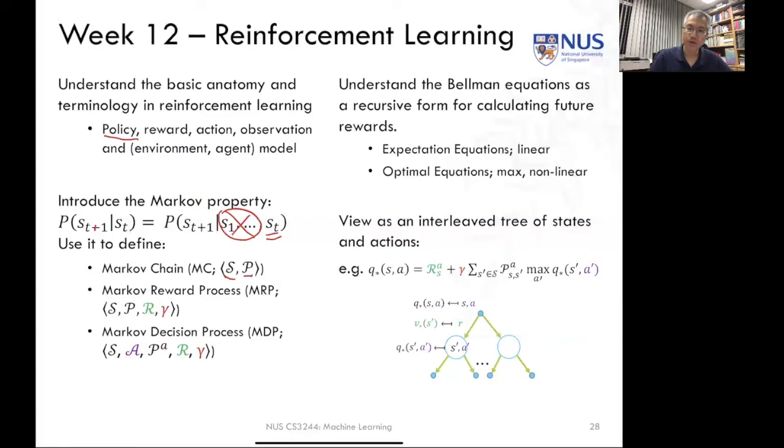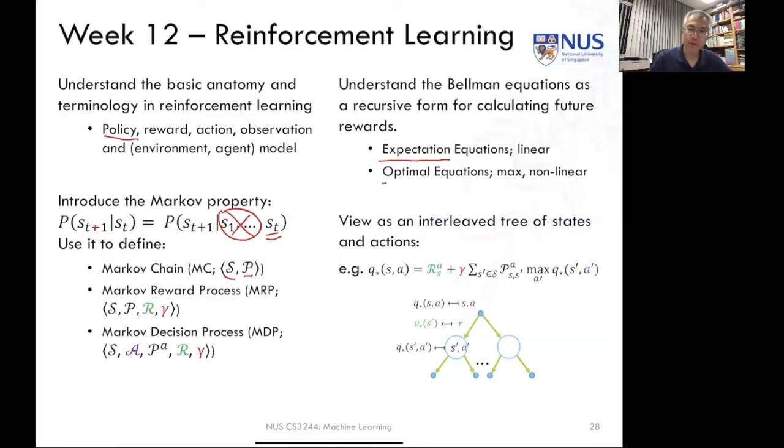In the post part of this lecture, we also understood the Bellman equations as a recursive form of calculating future rewards. We had two sets of Bellman equations that we looked at. An expectation form, which calculates what's the expected value, and we could see that it has a linear system of equations.